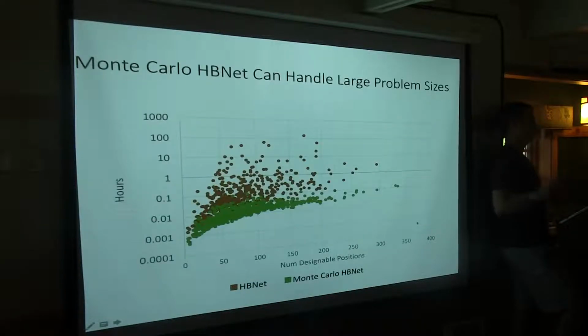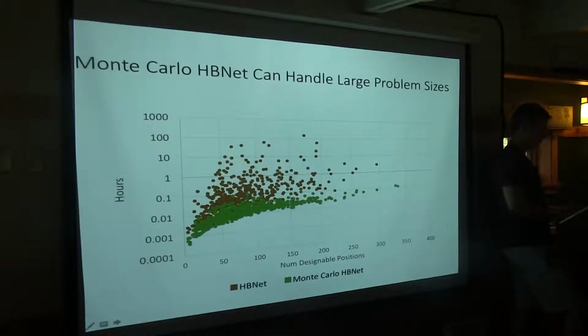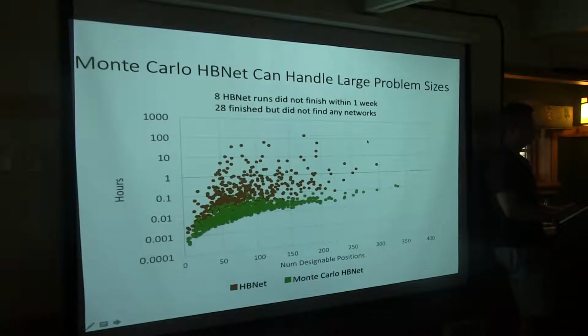So now if we look at all 591 as a whole, now runtime is on the y-axis, and this is a function of the problem size, the number of designable positions. And again, runtime is log scale, so the Monte Carlo points roughly fit a line. And they're faster than HBNet. 8 of the HBNet runs didn't finish within a week.